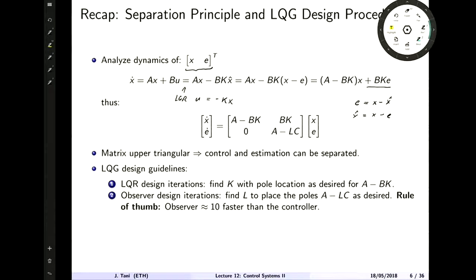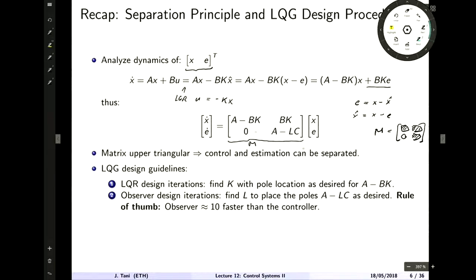Now what do we see? Well, this matrix here, let's call it M, has a structure that we call upper triangular. So there are non-zero elements in these 3 boxes, and it's 0 at the bottom left.